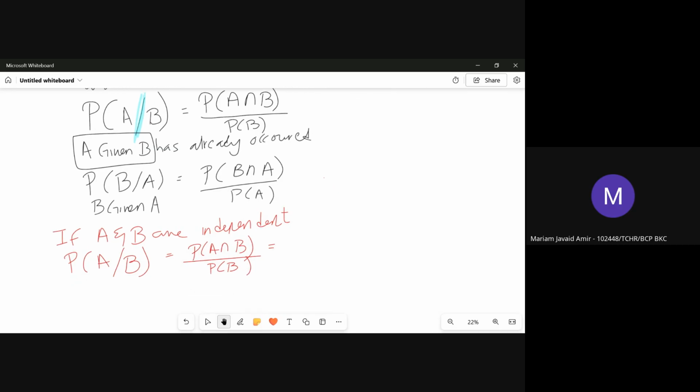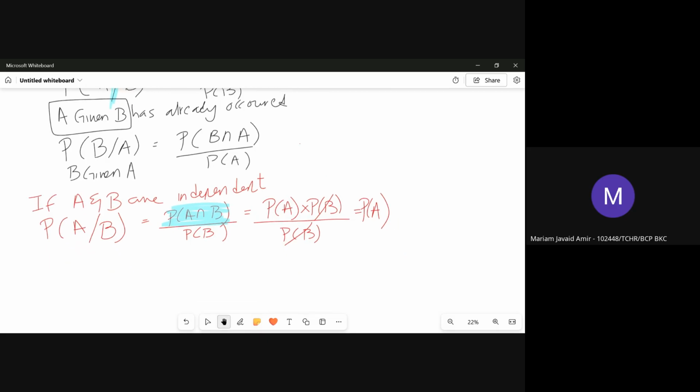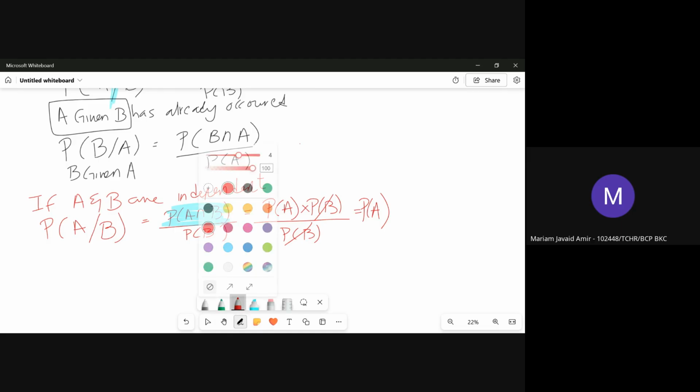But if A and B are independent, we saw this conclusion of independence that this becomes probability of A times probability of B. So the denominator, probability of B, cancels out and you're only left with probability of A. So if you have conditional probability of two independent events, you can simply rewrite it as this.